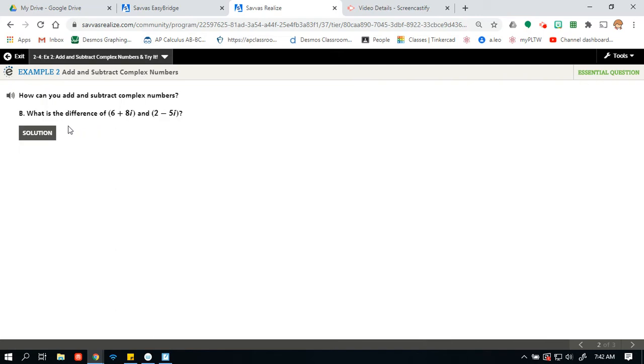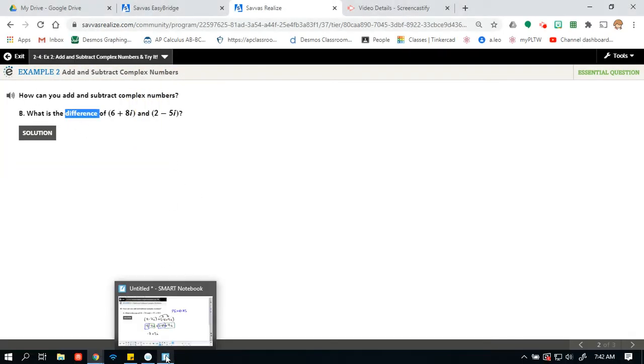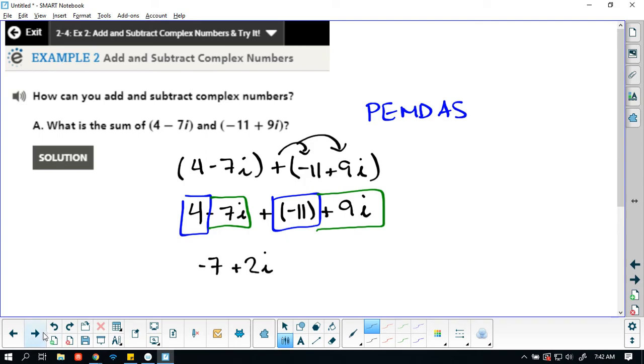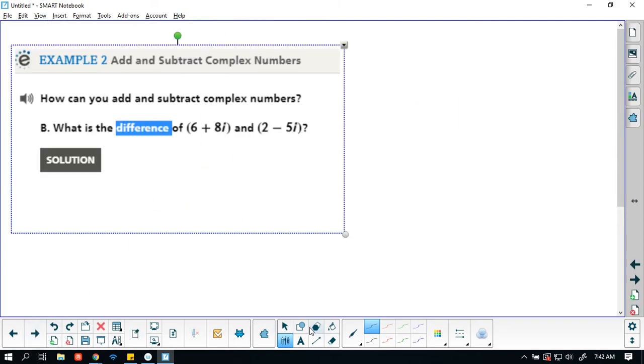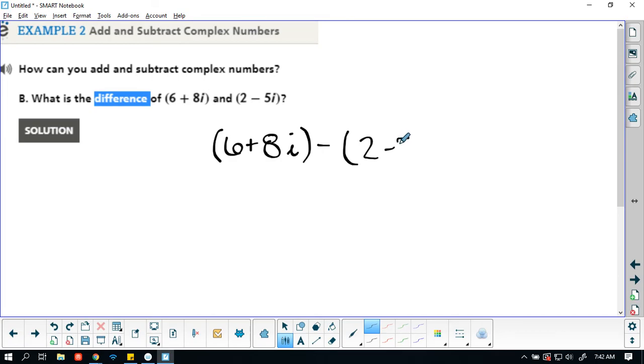The second part here is how you can subtract complex numbers. They want to know what the difference is. We're going to be subtracting in this one. What is the difference between these two numbers? Again, we're going to follow PEMDAS with this. So I have 6 plus 8i minus 2 minus 5i.